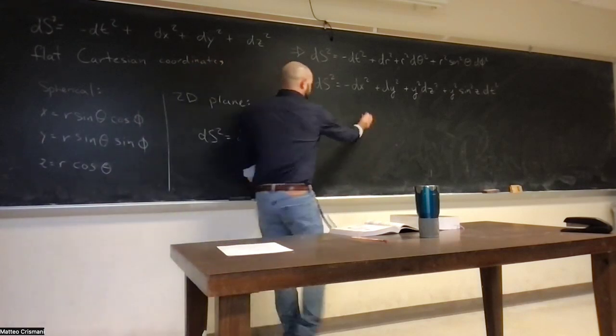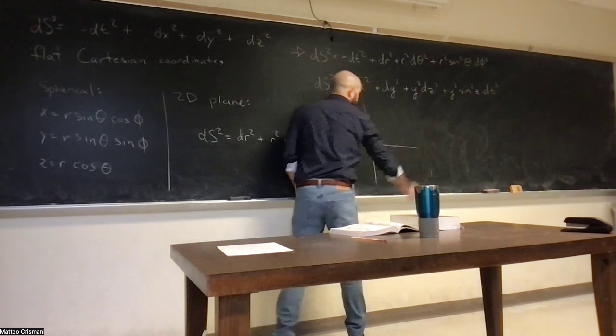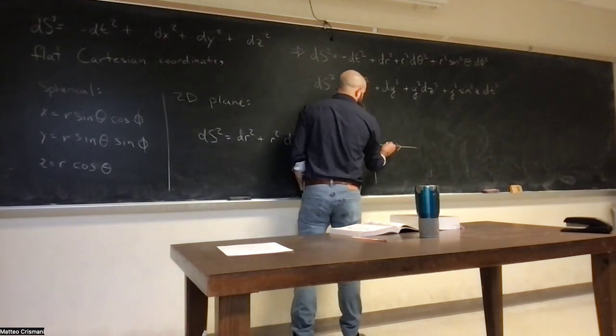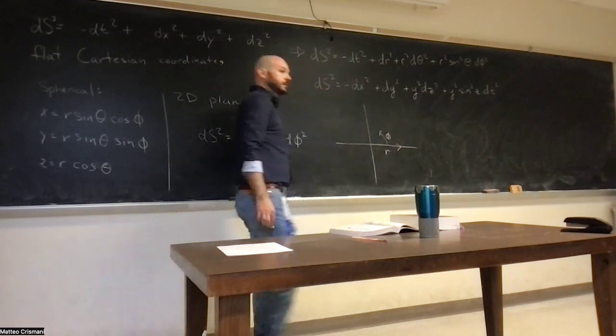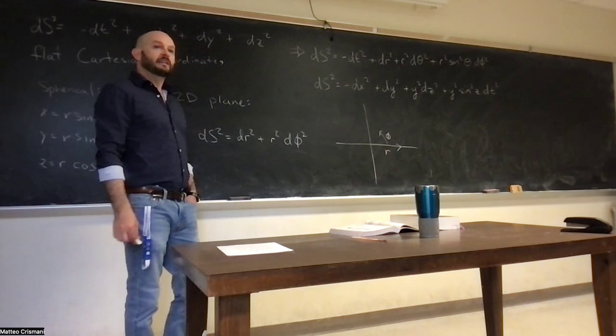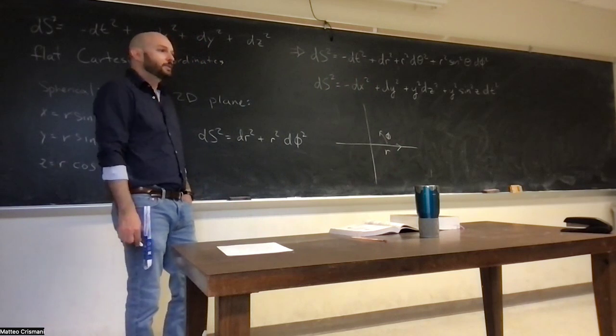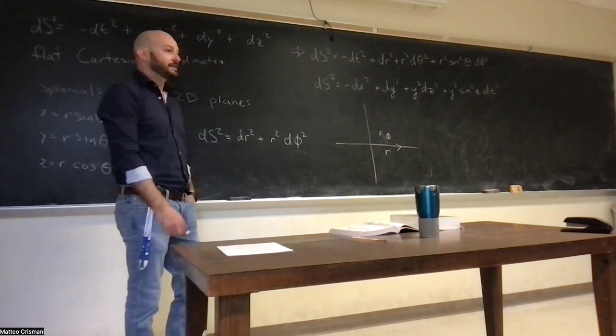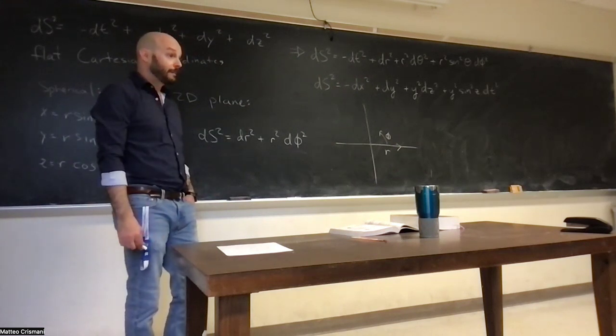What does that look like? It's our 2D plane. Here's R, and here's phi. Do we like this plane? Yeah, that's gorgeous. It describes all of flat space to infinity.